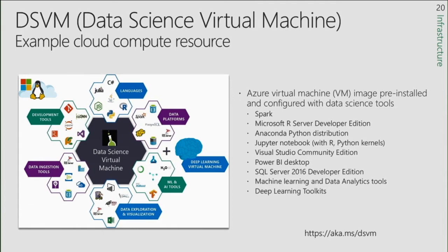It comes with Spark and a bunch of other tools that are already pre-installed. So you can use this as a very efficient development environment and get started very quickly. However, if you need to scale, because this has Spark, for example, you can scale it up into HDInsight clusters with multiple worker nodes and distribute your workload that way.